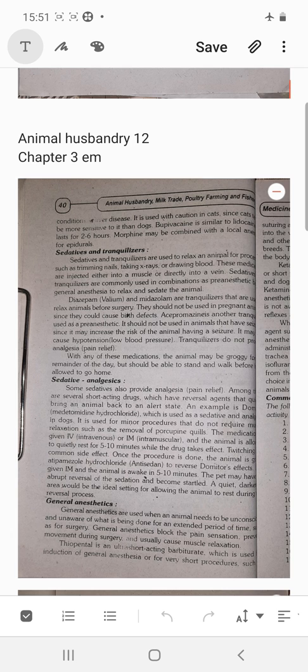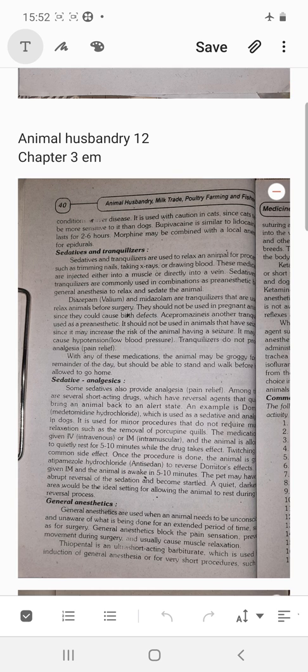I simply explain the chapter and the topic we are studying, and you have to take a screenshot. These screenshots help you to prepare your notes.